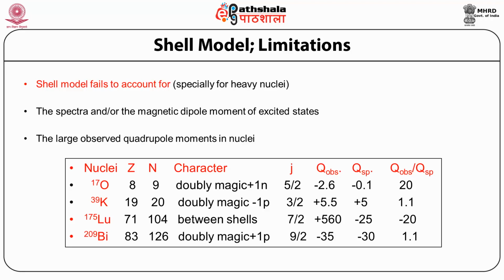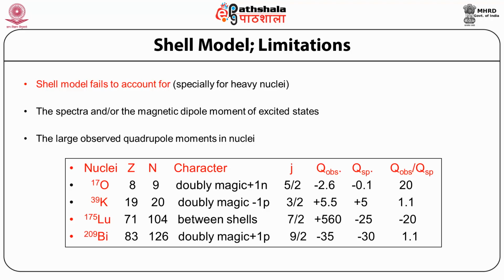In case of bismuth 209, which has 83 protons and 126 neutrons, we can characterize it as doubly magic plus 1 proton. This odd proton is in the 9/2 orbital. So we can say that the ground state spin of bismuth 209 is 9/2. Again, in this case, the observed quadrupole moment is -35 and the shell model predicted value is -30, so there is a factor of 1.1.